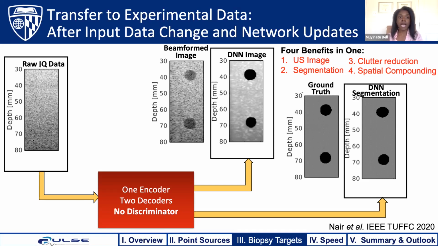That's exactly what our clutter masks are masking out during the training process in order to create this DNN image that has reduced clutter. We also have a spatial compounding effect because we can smooth out the tissue texture with this network output.